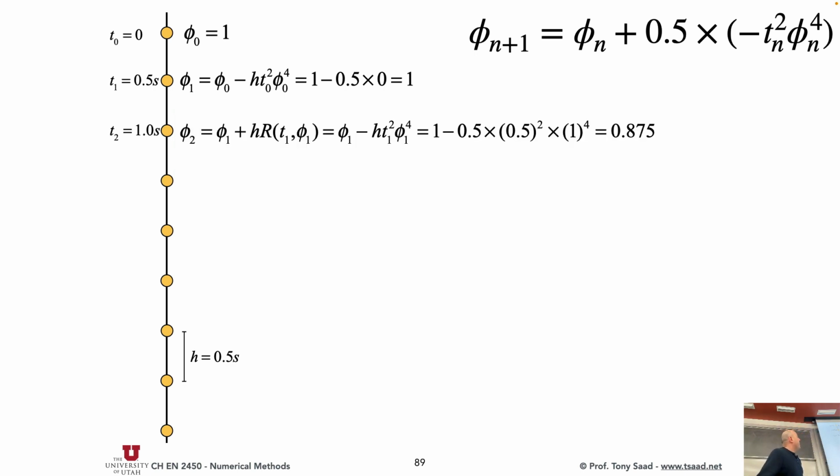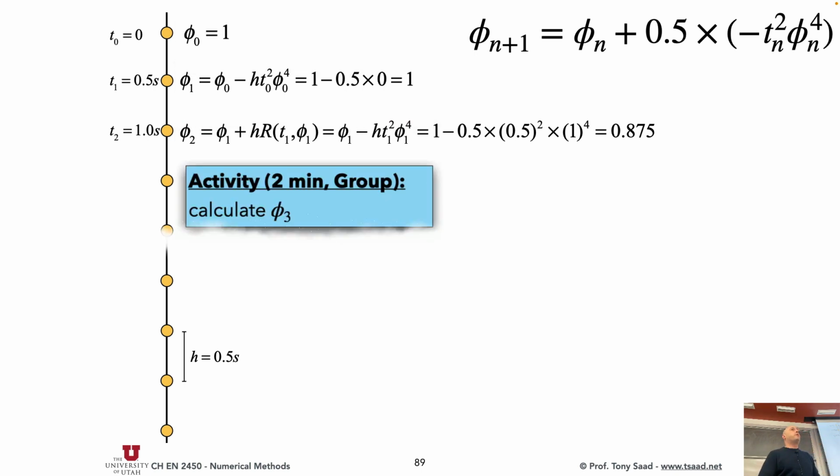So phi 2 is phi 1 plus h times the right-hand side at t1 and phi 1, which is phi 1 minus h t1 squared phi 1 to the power 4. You just simply substitute the numbers. Phi 1 is 1, h is 0.5, t1 is 0.5, so you get 0.5 squared, and phi 1 is 1, so 1 to the 4, so you get 0.875. Okay? Now do phi 3.